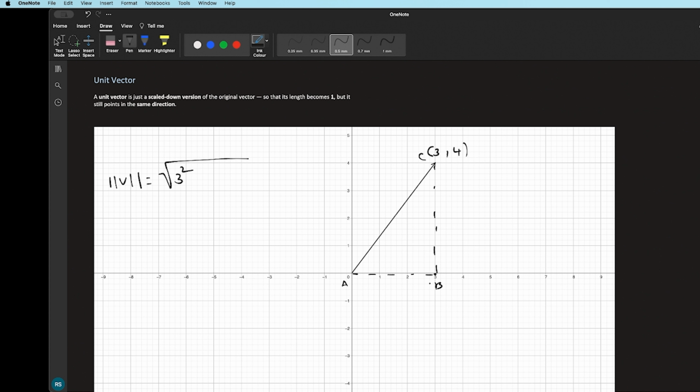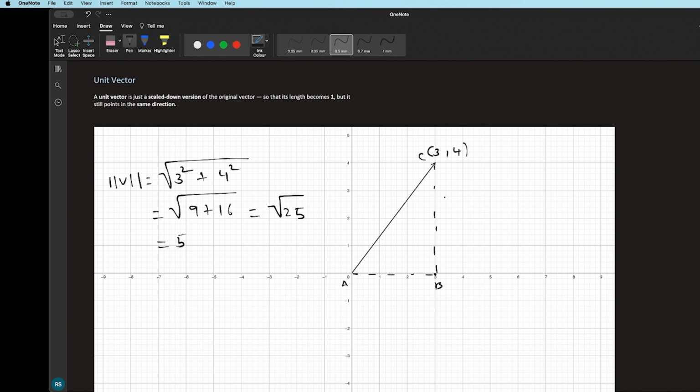Then 2 units in upward direction, so this is 4 square. So this is 9 plus 16, it is root of 25. So the actual length of this vector is 5. So the length of this line is 5.